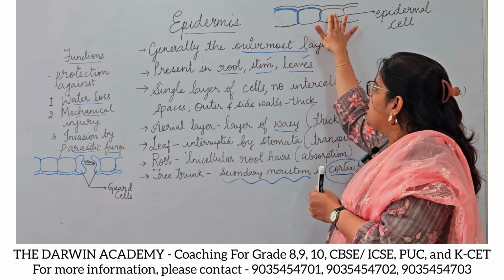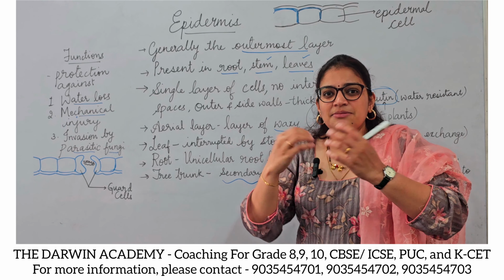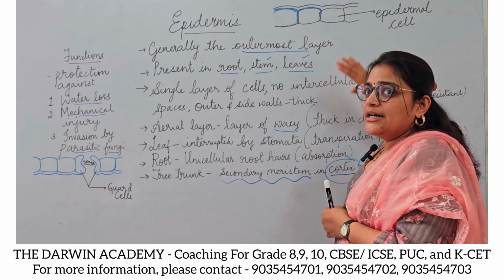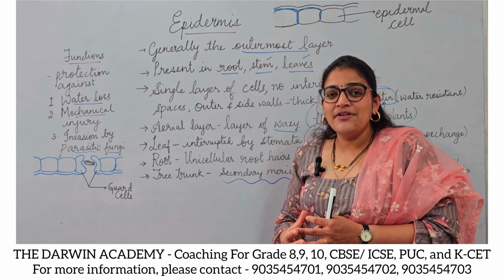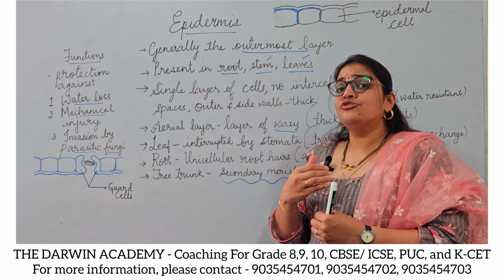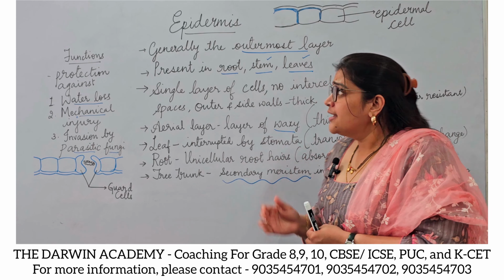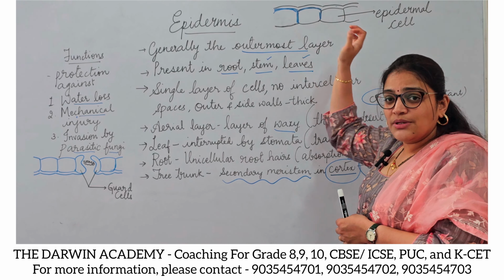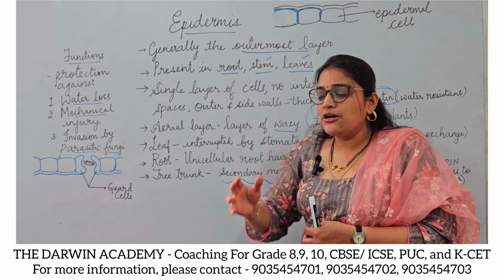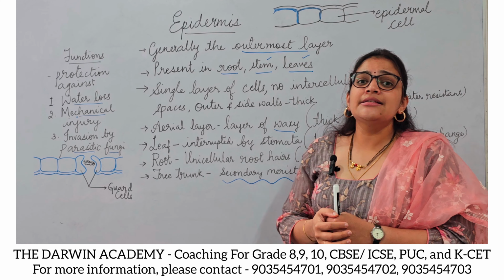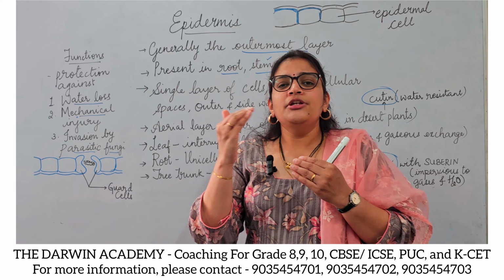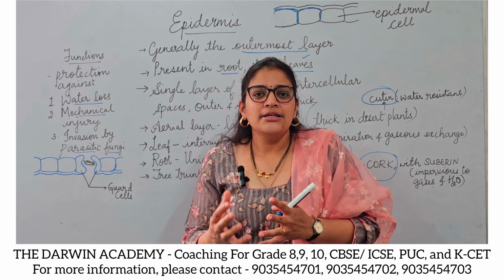So slowly it will start rupturing, that means breaking open, and a few cells below the epidermis will have the ability to divide again. This region is called cortex, and a few cells within that region will be called secondary meristematic cells. They will start dividing to form newer layers of cells.